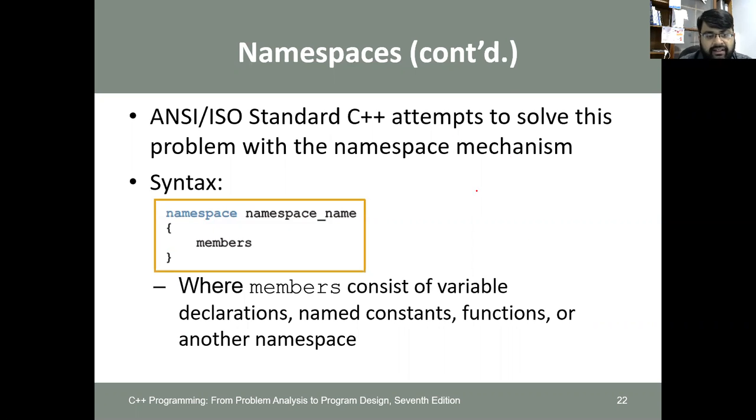Here's how you declare a namespace: the keyword namespace, the name, opening brace, the members, followed by the ending brace. Members consist of variable declarations, named constants, functions, or another namespace as well. So this is how a namespace is defined in ANSI/ISO standard C++.